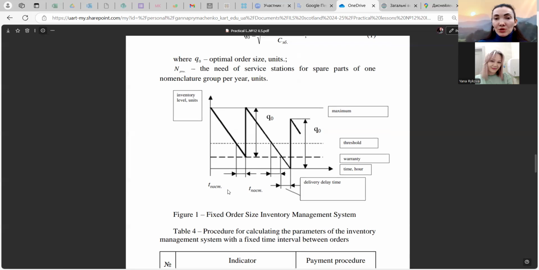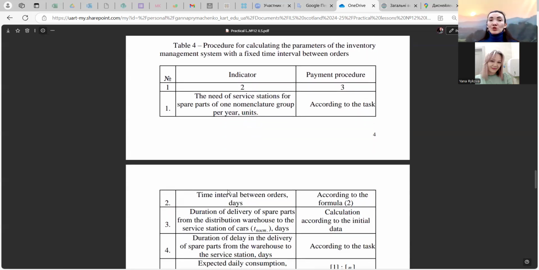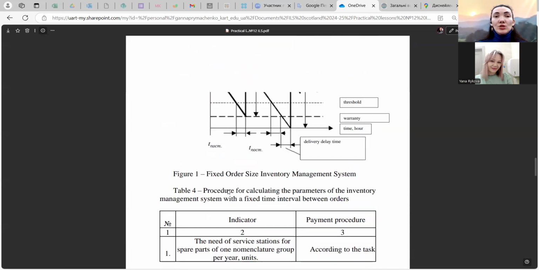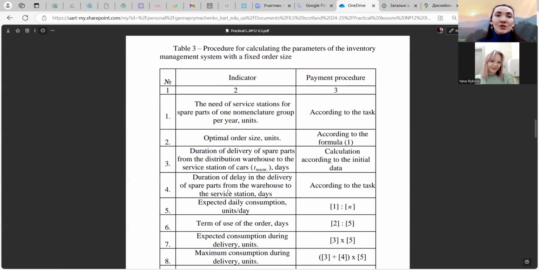So next, what we need to do today is table number 4. What's the difference between these two tables? In the first table, table number 3, which we already did, the name of this table is: produced for calculation of the parameters of the inventory management system with a fixed order size. So order size, how many goods we need to buy every period, is already fixed.